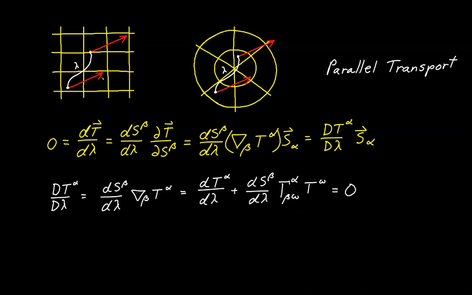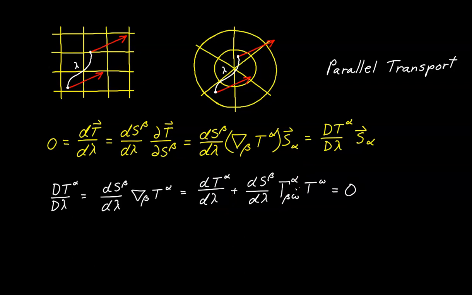If we're dealing with Cartesian coordinates or affine coordinates, the Christoffel symbol is going to be equal to 0, which means that the condition breaks down to simply this. The derivative of our vector components with respect to lambda are 0, which means that our vector components are constant throughout the process. Well, of course, we already knew that for an affine coordinate system. But this expression generalizes the result for curvilinear coordinates as well.